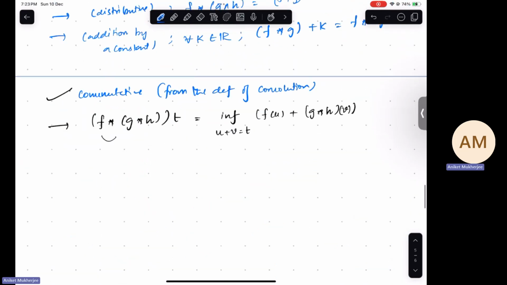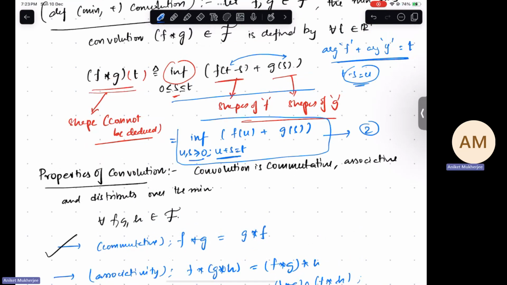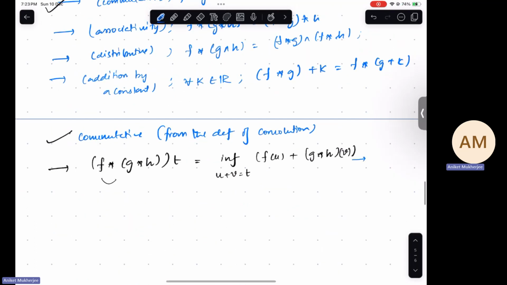Similarly, you get from this equation. Let me name this as 2, this as 1. So this you're getting from 2.